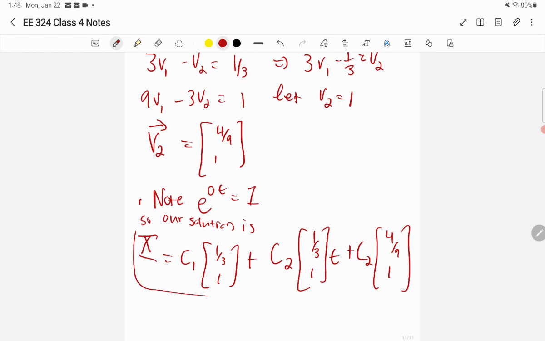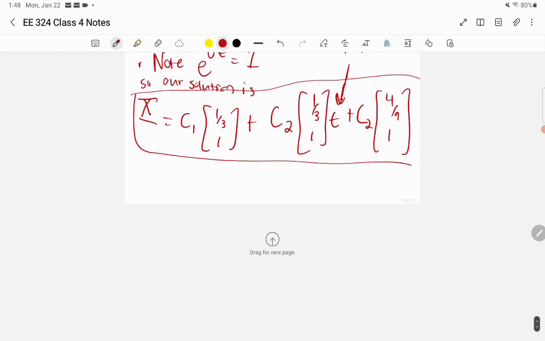So that's my general solution. Notice I have the t there.